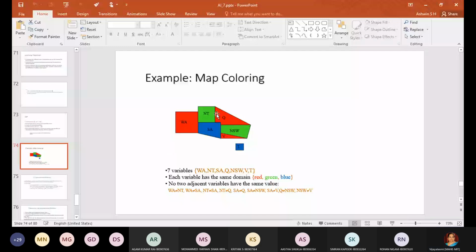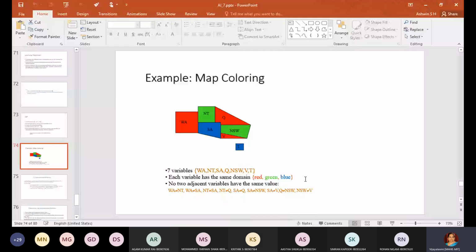Now, each variable has a domain. The domain is red, green, blue. In this map coloring problem, we are given only 3 colors: red, green, and blue, and we have to color this map. Now, what are the constraints associated with this problem? The constraint is that no 2 adjacent variables have the same value.